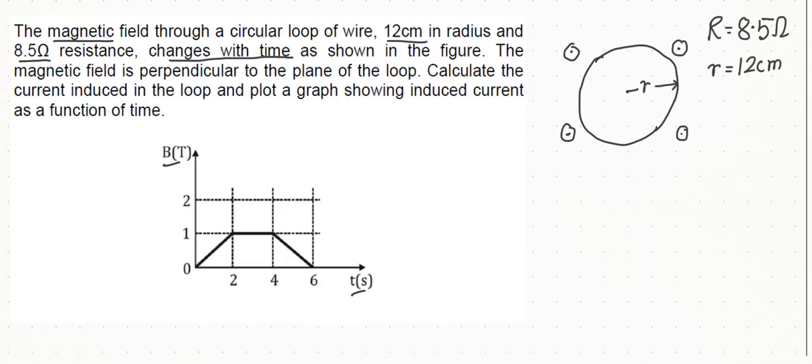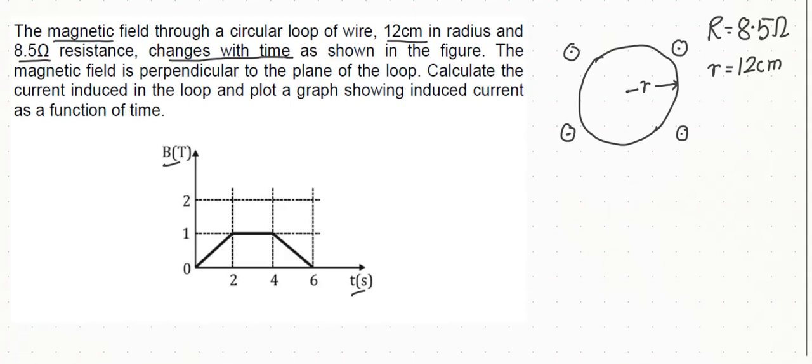So you know that from the laws of electromagnetic induction, there are three laws. The first law says, let us recapitulate this: whenever the magnetic flux through any coil, through a circuit, changes with time, the induced current will be induced.